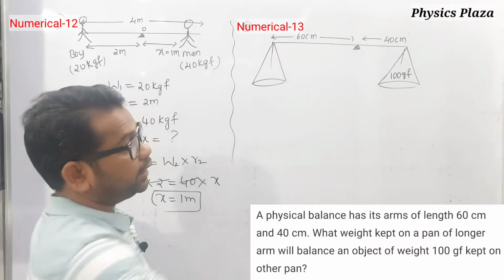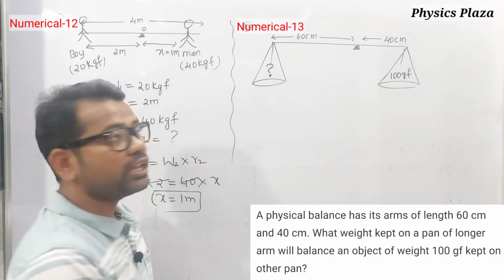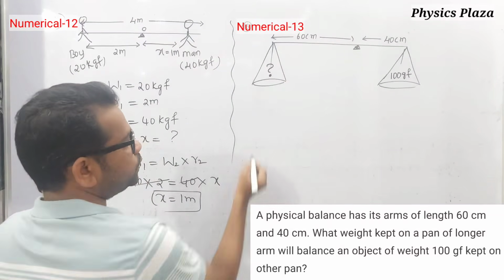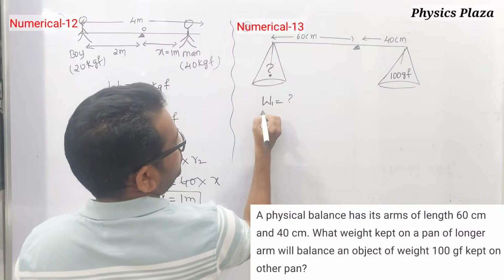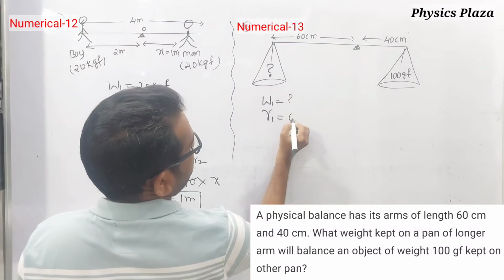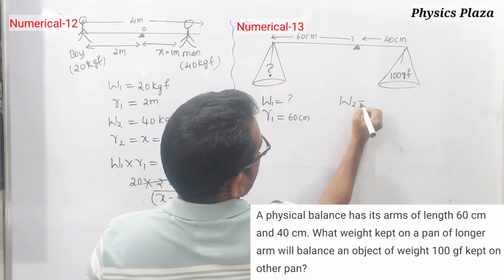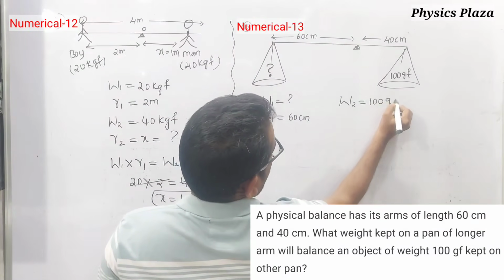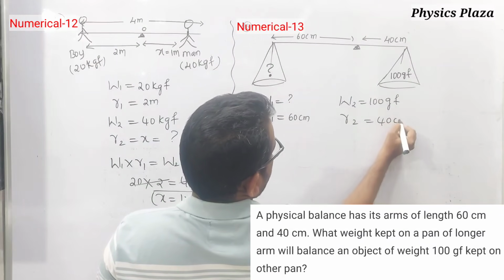In order to balance this, how much weight are you going to keep? It's very simple. Let us say W1 is the question mark. R1 is very clear from the diagram, it is 60 centimeters. W2 is equal to 100 gram force. Now R2 is equal to 40 centimeters.